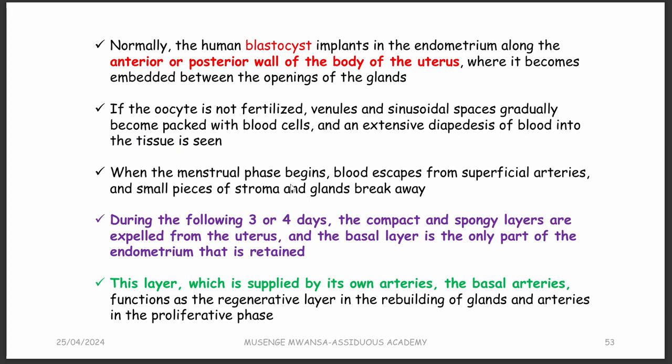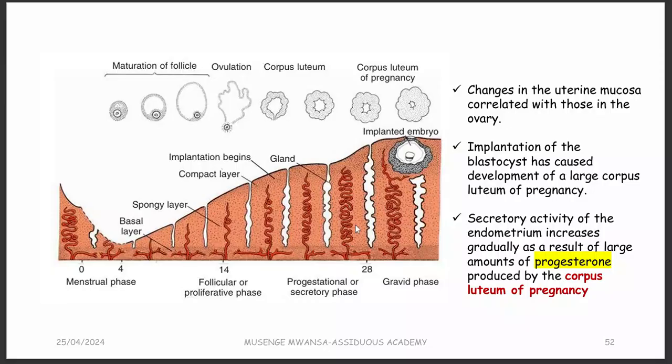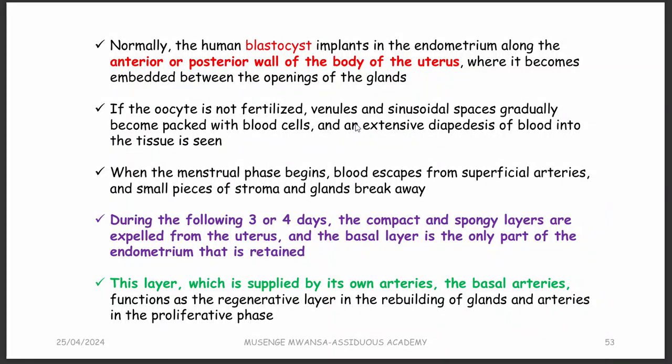So when the menstrual phase begins, menstruation, blood is going to escape from the superficial arteries. It will start coming out of the arteries just on top there on the endometrium, because if fertilization didn't happen, this layer on top is going to be released. So the arteries on top will be injured, so blood will start coming out. That's why it looks bloody, okay, during the menstrual cycle.